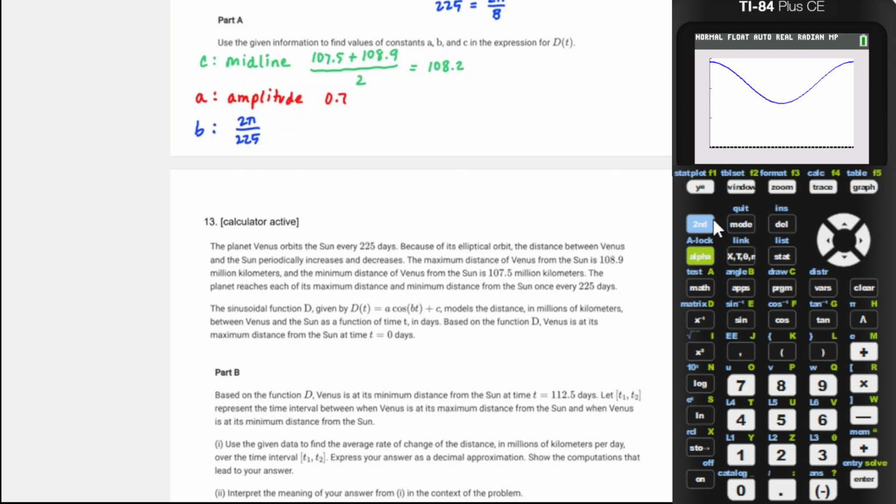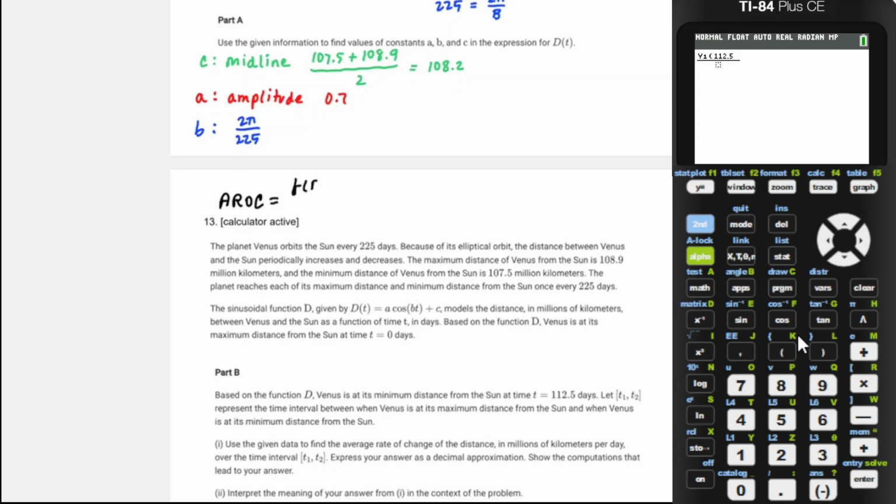Maximum was at t1. They actually told me the input value for t2. It would have been flagged better if they said t2 equals 112.5. Maybe you're supposed to know that. Maybe that was part of the deal here. What I'm going to do is call on y1 and plug in 112.5, because I'm going to use the average rate of change formula, which we haven't used in a very long time, but we do need to know.